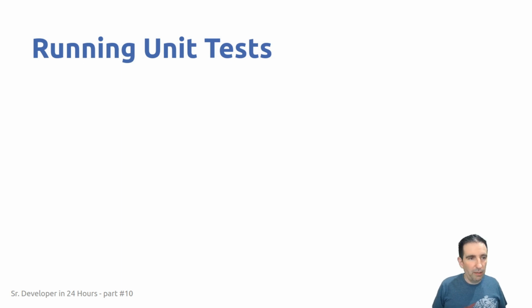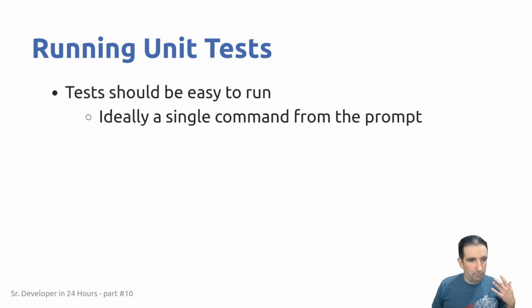Now, talking about this, we also want to make it very easy to run our unit tests. Ideally, you should be able to run all of your unit tests by running a single command. You want to configure your automated build to be able to run your test in a single command. This is probably the same command that you're going to use from your CI/CD server, from your CI/CD pipeline to execute your test.